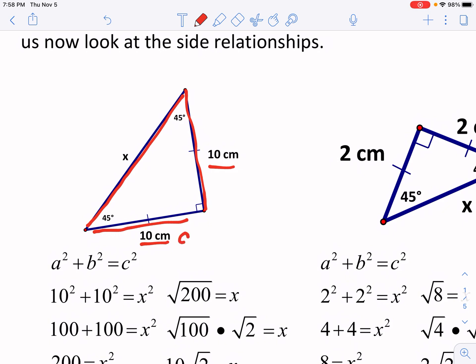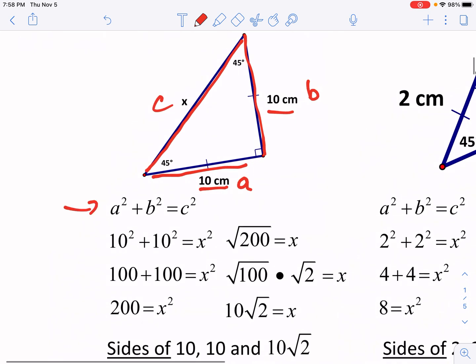So if I let this be a, b, and c, then substituting that into our formula here, and again, they show the work here, but I'm going to talk you through the steps. We would have a squared, which is 10, b squared, which is also 10, is equal to c squared, in this case x. So we have 10 squared plus 10 squared equals x squared. Well, what's 10 squared? 100.